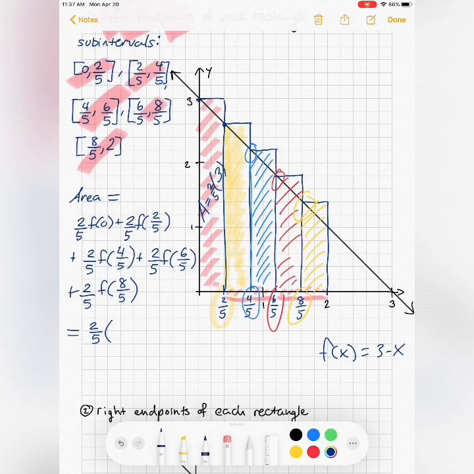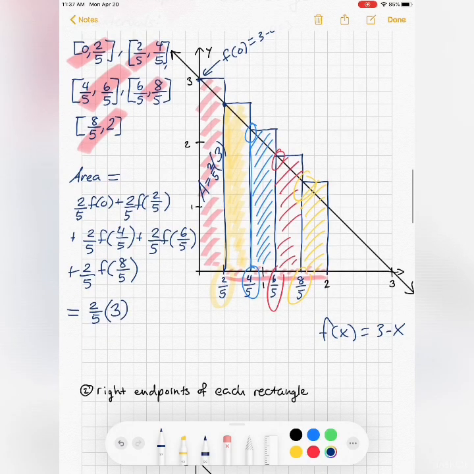So 2/5, f of 0 is 3. Okay, f of 2/5. Let's see, 3 is 15/5.